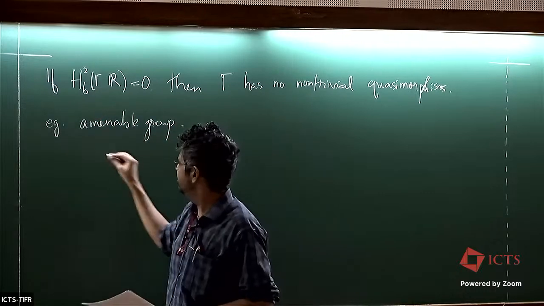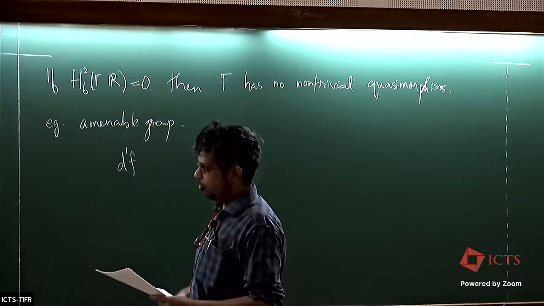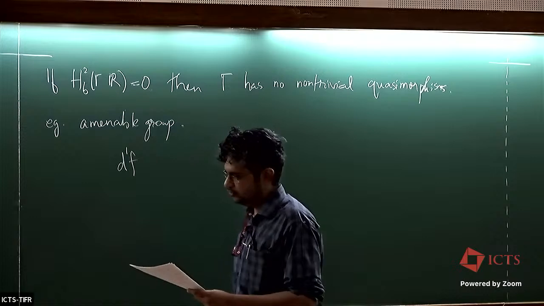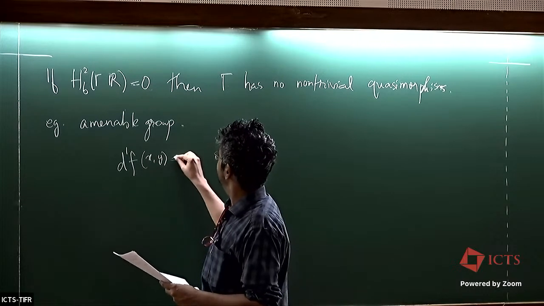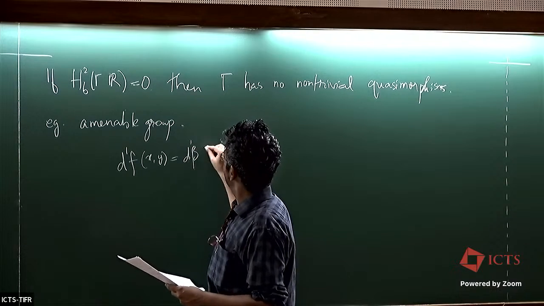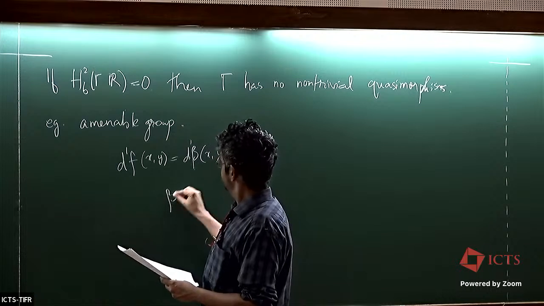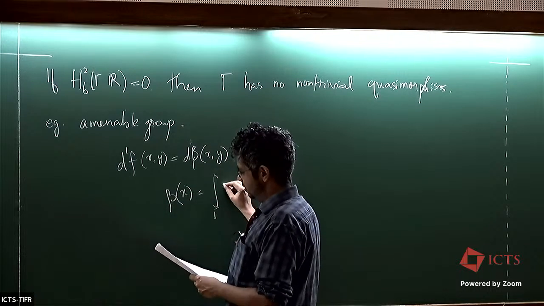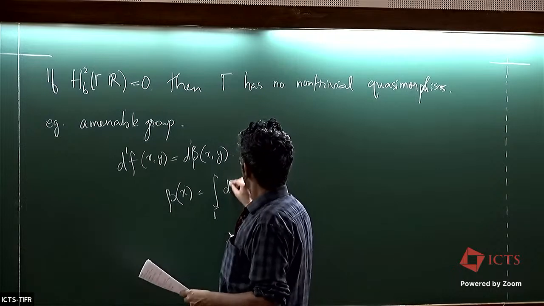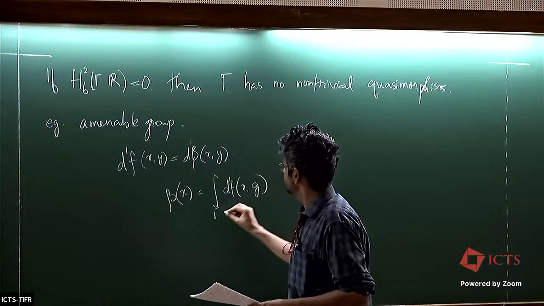For instance, over here, you can do it very directly. So you're given d1 of f. How do you get the beta that you're looking for? Just do an averaging. You want d1 of f of xy equals d beta of xy. So how will you define beta? Just define beta of x as the amenable averaging of d1 of f of x g over g.